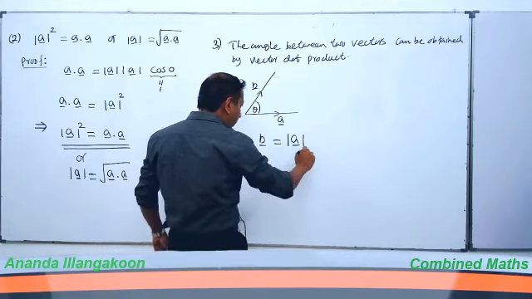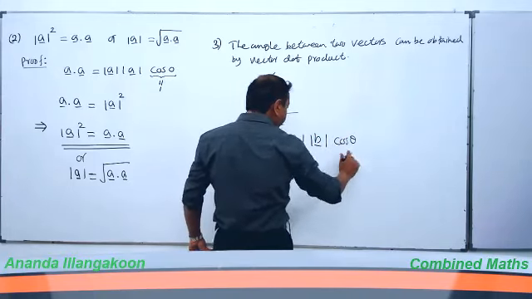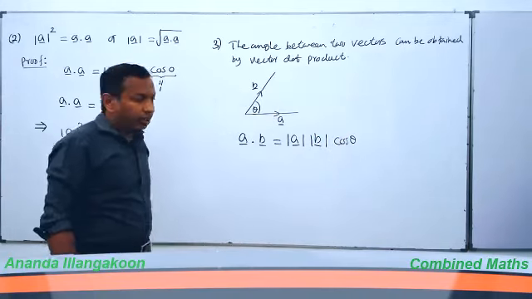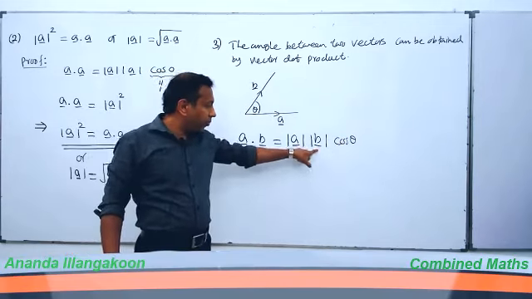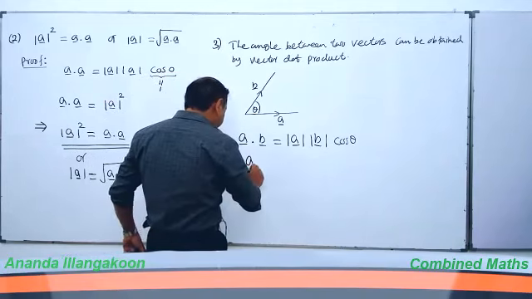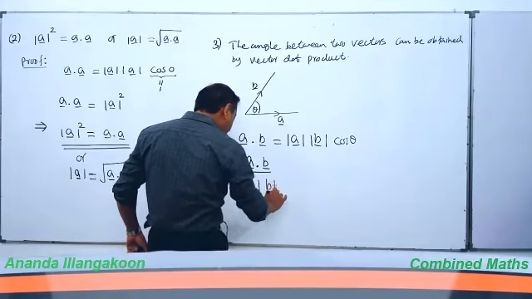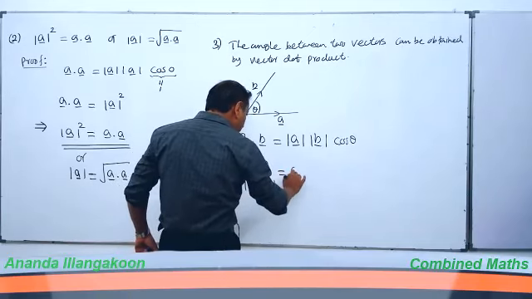Modulus of A, modulus of B, cos theta. Then take both mod A and mod B to the left hand side denominator. Then A dot B divided by mod A times mod B is equal to cos theta.